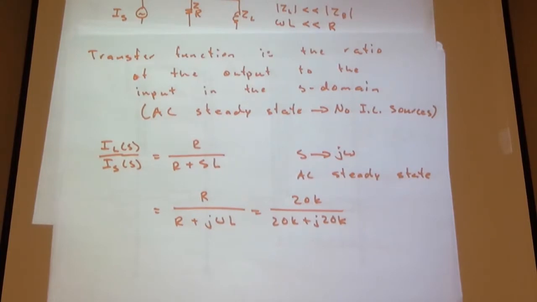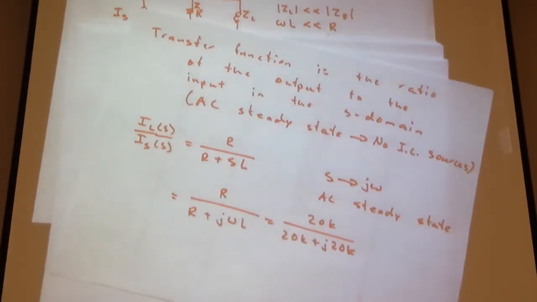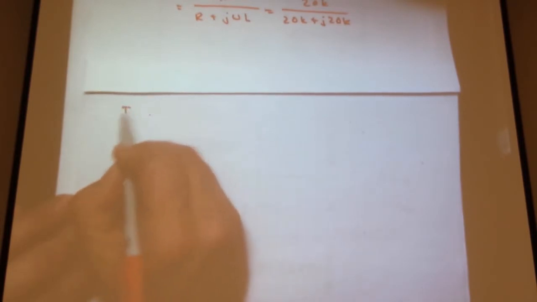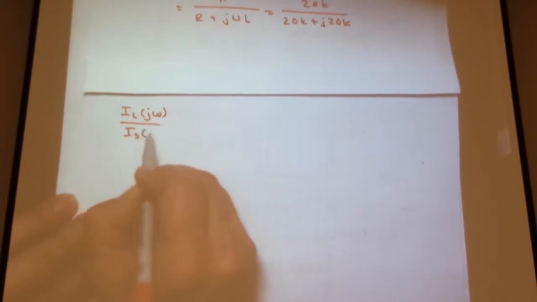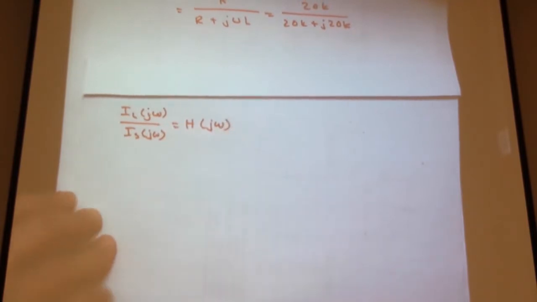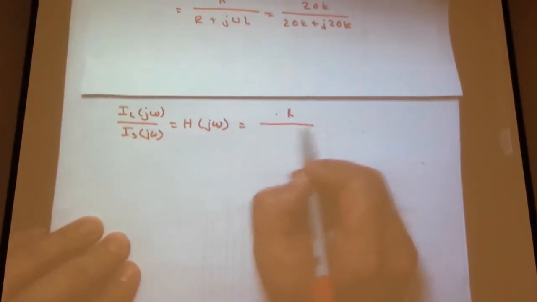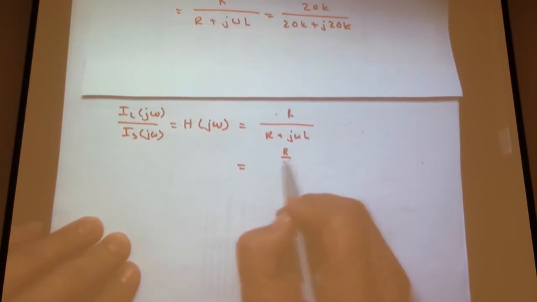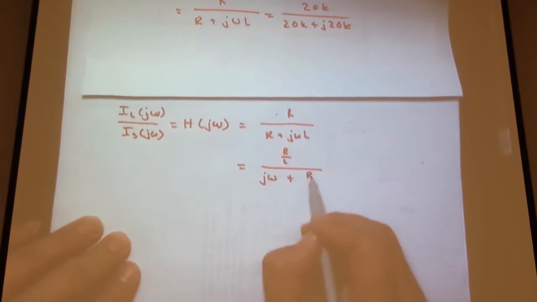Well, if we rewrite this a slightly different way, we take the same transfer function, IL of j omega over IS of j omega. Again, just to drive it home, that's H of j omega, the transfer function, equals R over R plus j omega L. To rewrite that a little bit, that's R over L divided by j omega plus R over L.